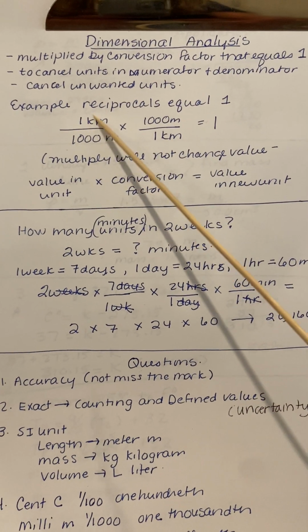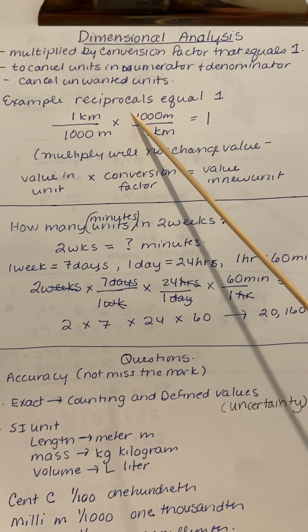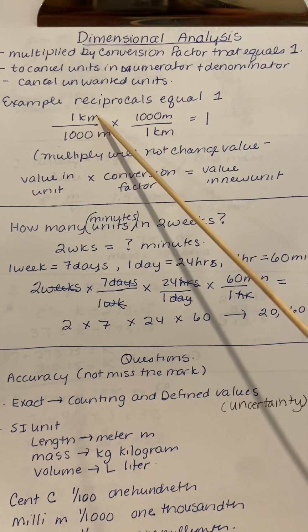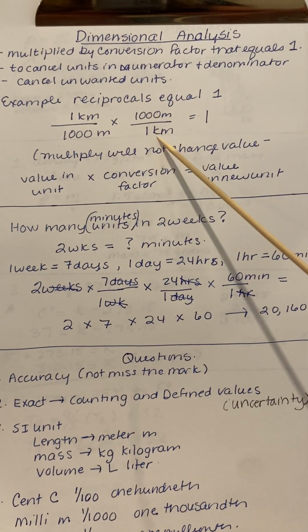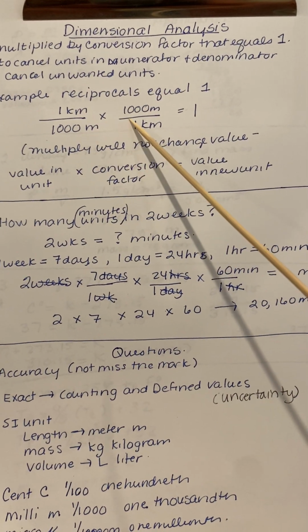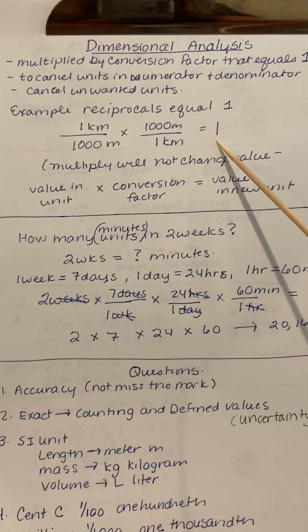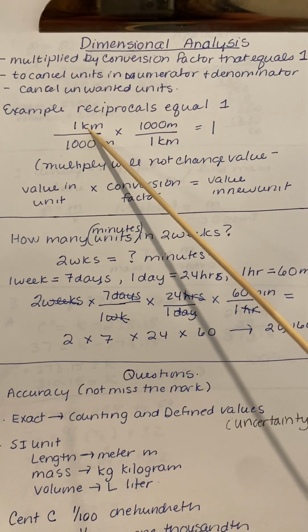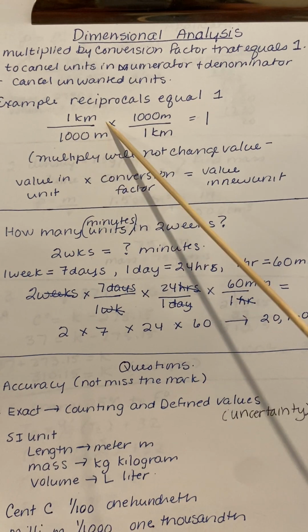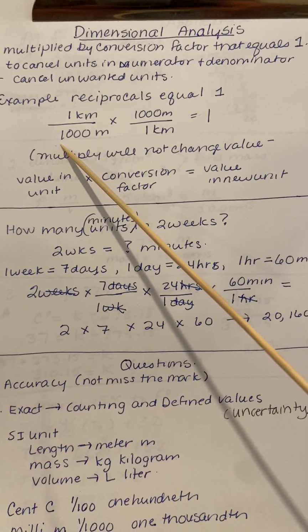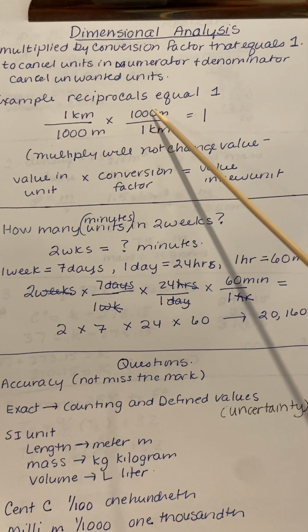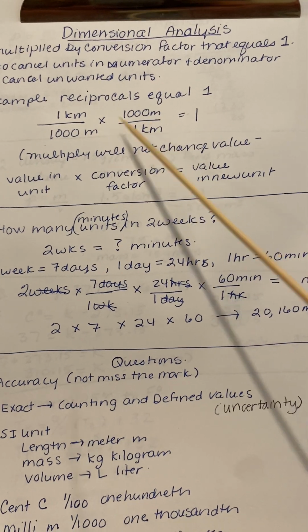So, examples of reciprocals. You know what a reciprocal is? It means basically where the numerator and the denominator are turned around. And if you multiply reciprocals, it's always going to equal 1. We know that. So 1 kilometer divided by 1,000 meters times 1,000 meters divided by 1 kilometer.